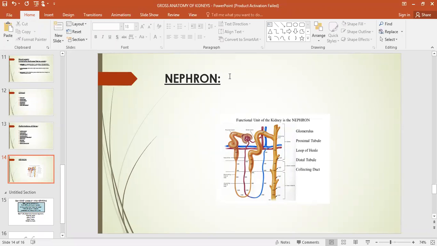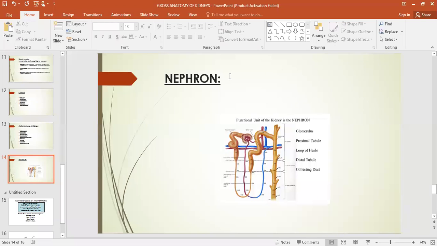So the nephron has two arterioles, afferent and efferent, the Bowman capsule, the proximal tubule, the descending limb and ascending limb of the loop of Henle, the distal tubule, and then the collecting duct.